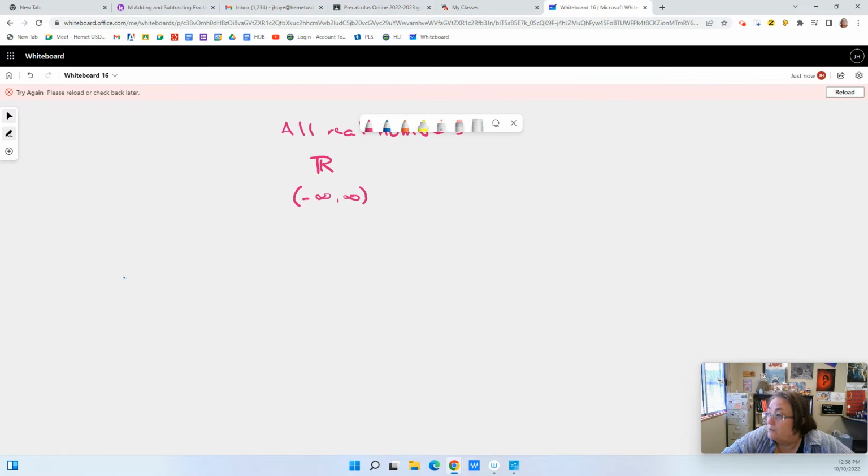So we're going to find the domain of each function. Basically, what we're looking for is what our limitations on x are.